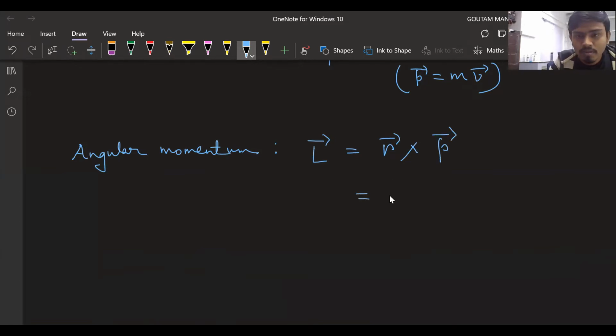Linear momentum is mv, and m is a scalar, so we can put it in the beginning, and basically it is m times r cross v. This is the angular momentum.